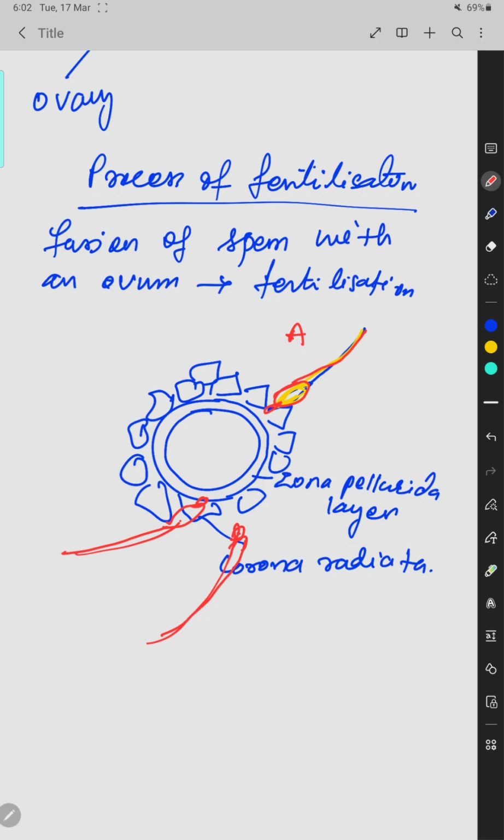So suppose this is A, B, C. Which sperm will penetrate the ovum? The B sperm will penetrate the ovum because it has first come in contact with the zona pellucida.